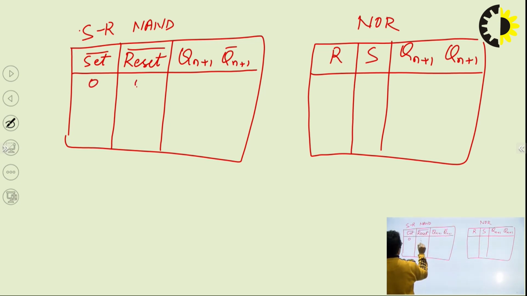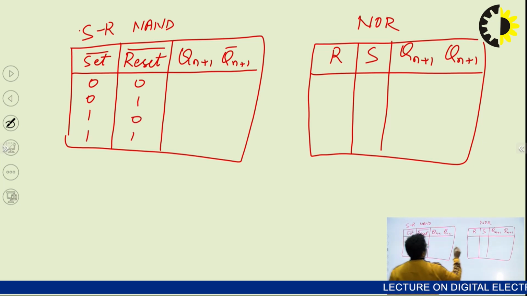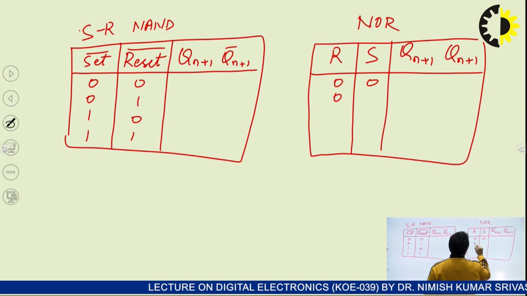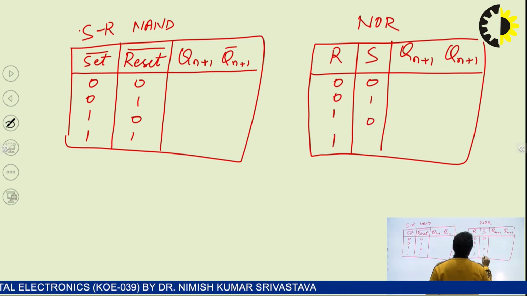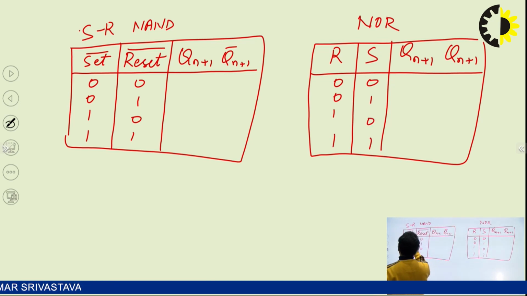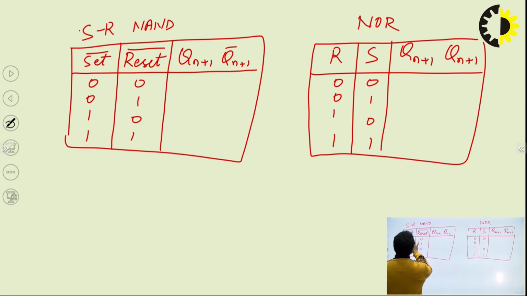So 0 0, 0 1, 1 0 and 1 1, again 0 0, 0 1, 1 0 and 1 1. In the case of this one, we are at the same time giving input to the set as well as the reset. So that is your invalid state.